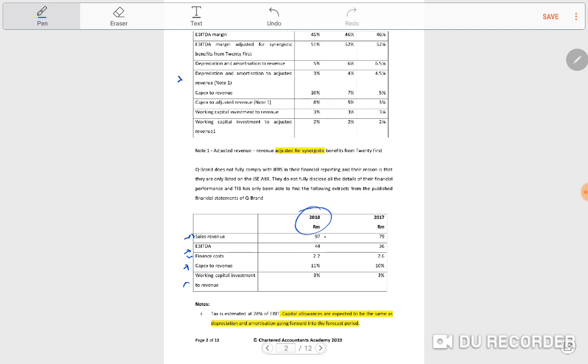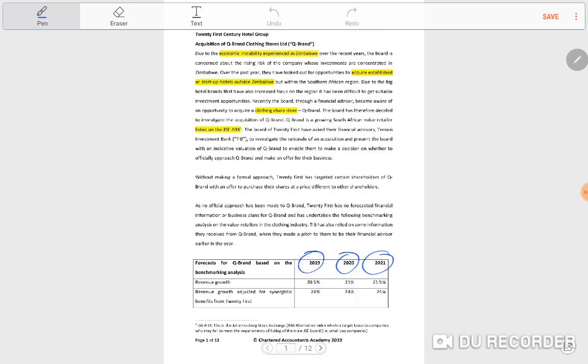Okay, what are we going to do with this 97? We have to adjust this to confirm. So which figures are we going to adjust with? There's revenue growth here at 20.5, and also there's revenue growth adjusted for synergistic benefits at 24.